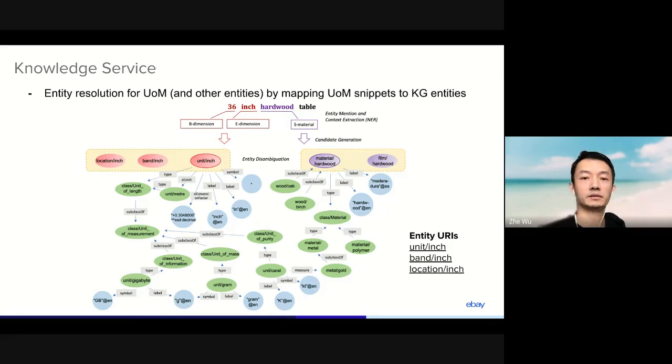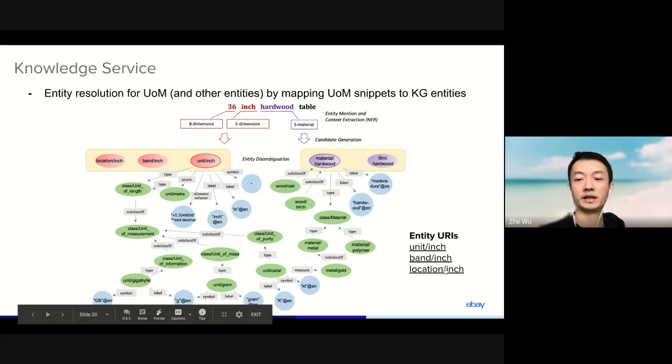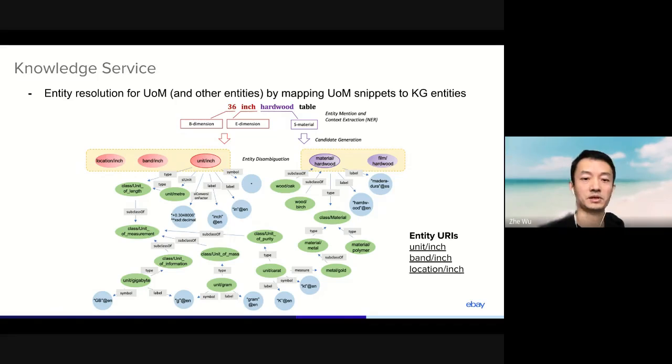You may wonder why INCH is ambiguous. If you click on the links here, you will see there's a band whose name is Inch, and there's a town called Inch. That's why this context is crucial. By using this context and all those actual tokens, we're able to map this piece, 36-inch, to a node in the knowledge graph.